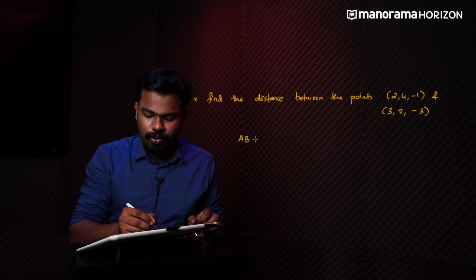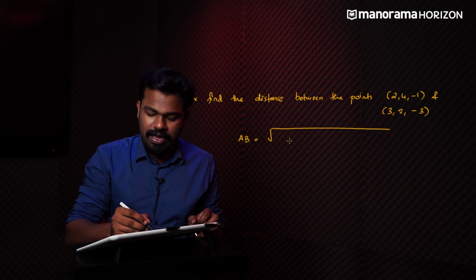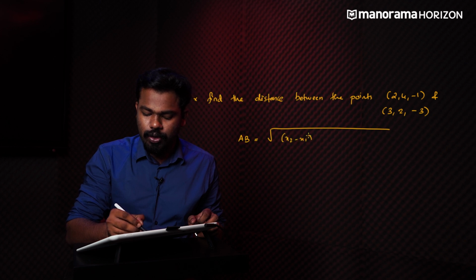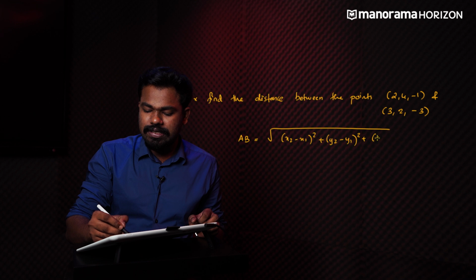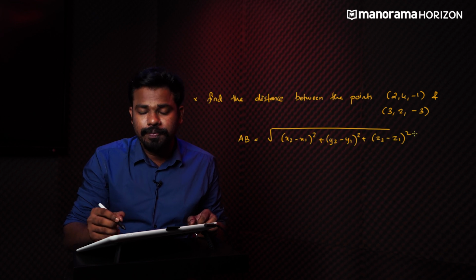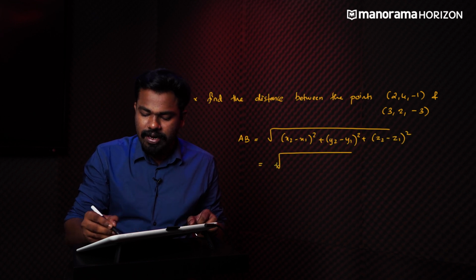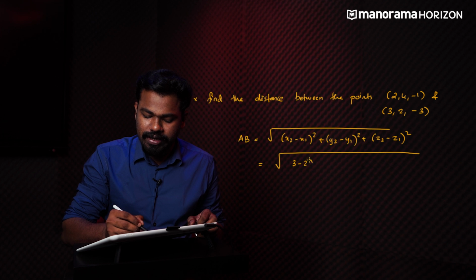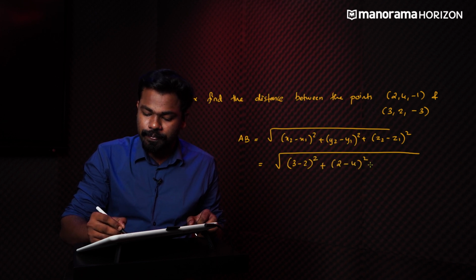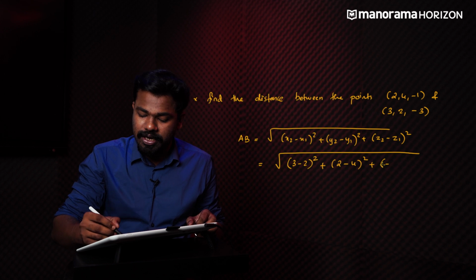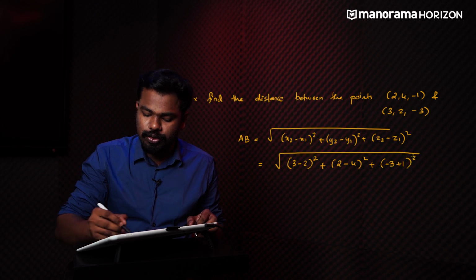So AB, if I'm putting, what is the formula in 3D? Root of (x2 minus x1) the whole square plus (y2 minus y1) the whole square plus (z2 minus z1) the whole square. Now here you can directly substitute: (3 minus 2) the whole square plus (2 minus 4) the whole square plus (minus 3 minus minus 1, it is minus 3 plus 1) the whole square.